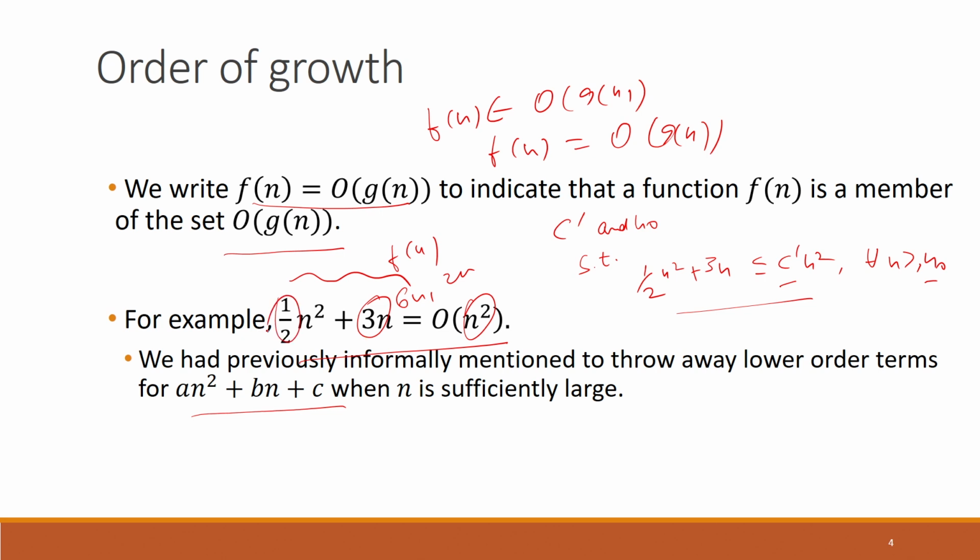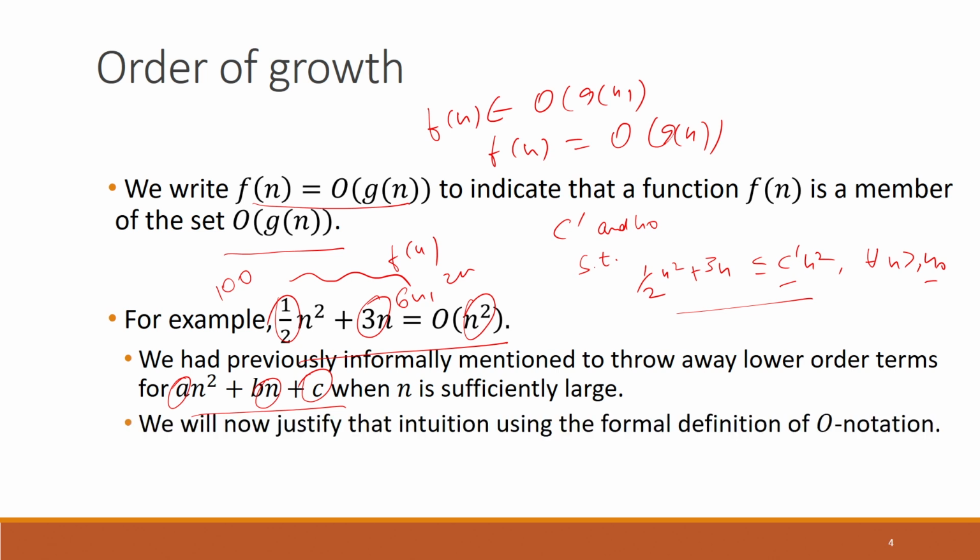Similarly, this constant half is not important here. Even if it were 100 n square plus 3n, this function would still be of the order n square. That is why we said that the constant a and the other two terms bn and c are not important when we are classifying whether the function fn is of the order of some function gn or not. We will now justify that intuition using the formal definition of the capital O notation.